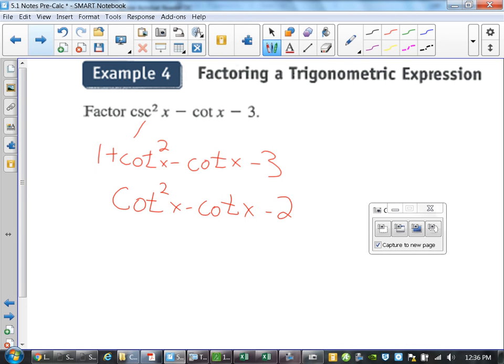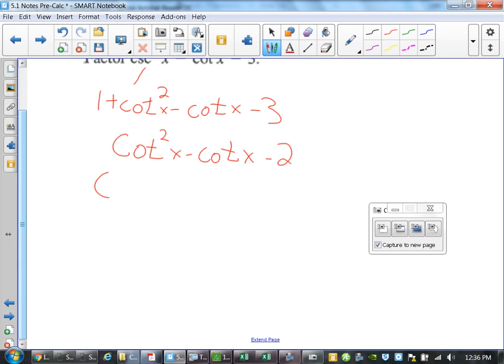What times what is -2? You add together to get -1. -2 and 1. So your two factors would be cotangent x minus 2, cotangent x plus 1.